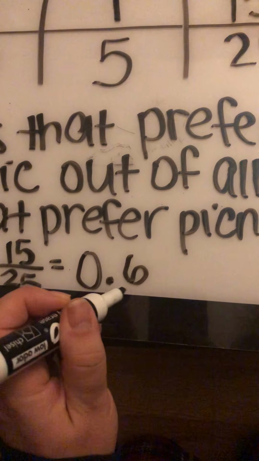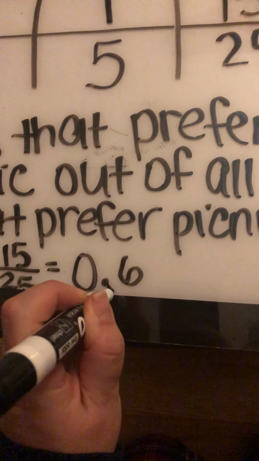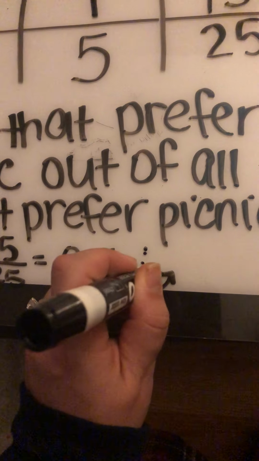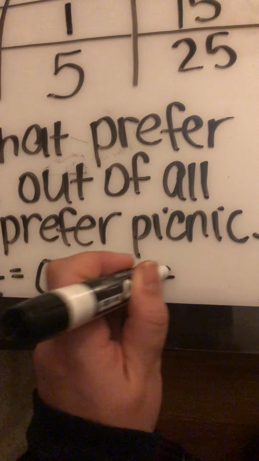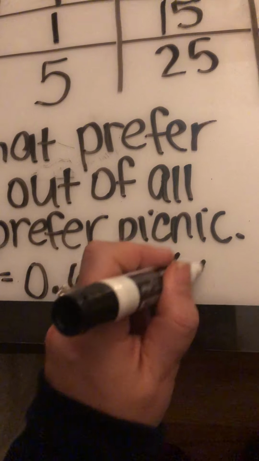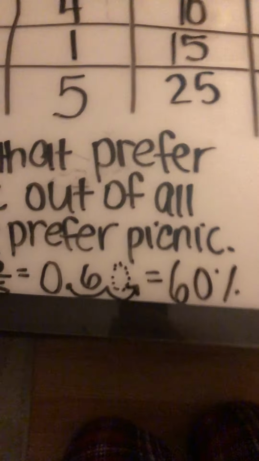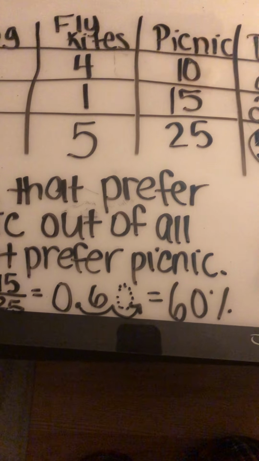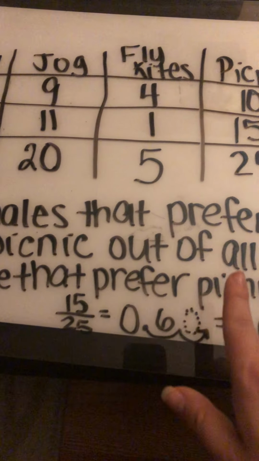And then if we make that into a percent for the relative frequency, we just move our decimal 2 places, or we multiply it by 100, we put our place value in, and we would get an answer of 60%.